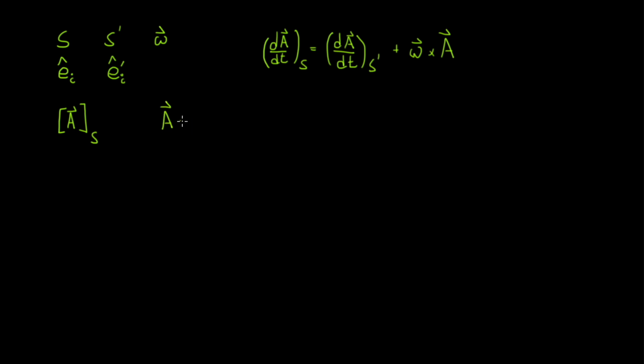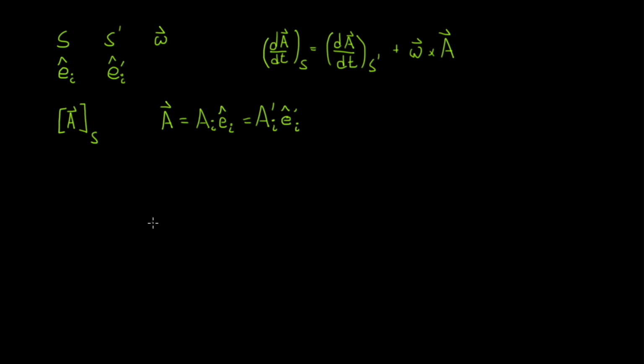It exists completely independent of any basis. I can write A as A_i e_i hat, so I can express A in the S basis, or I can write it as A_i prime e_i prime hat. So I can express it in the S prime basis as well.